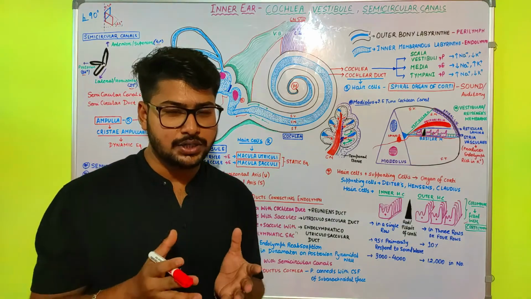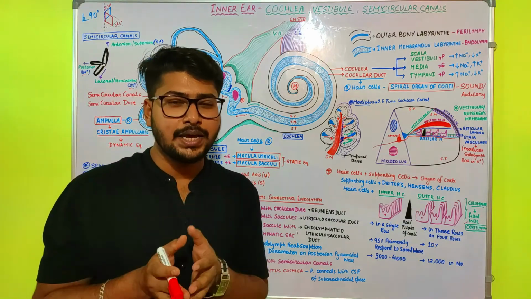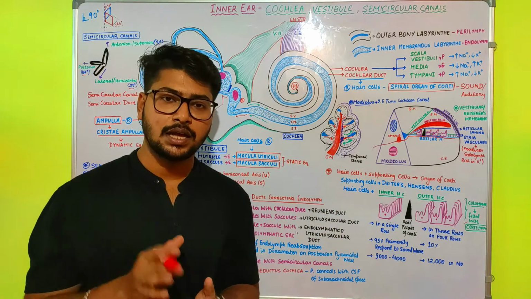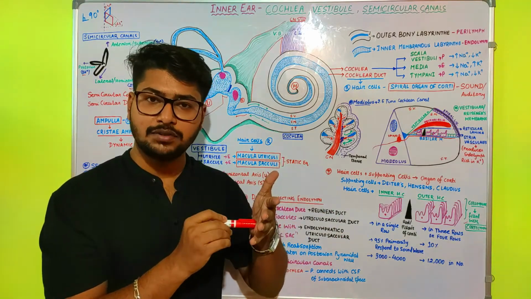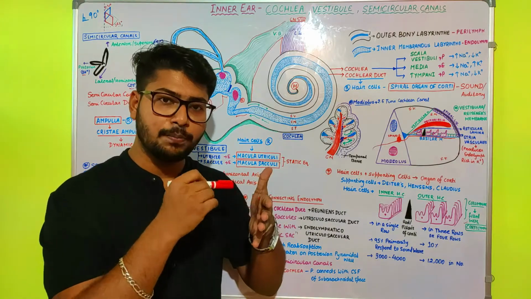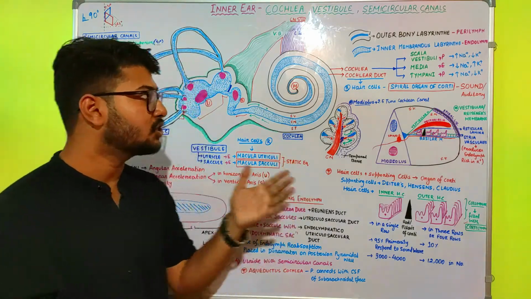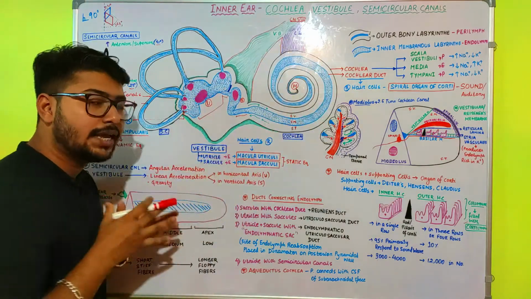How are these structures of the middle ear, the tympanic cavity, related to the inner ear? Listen, on the medial wall of the tympanic cavity we have the 2 windows, and behind the 2 windows we have a structure. This is the inner ear.